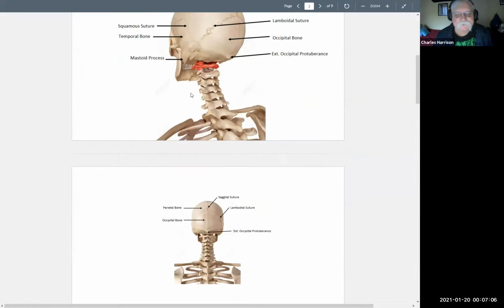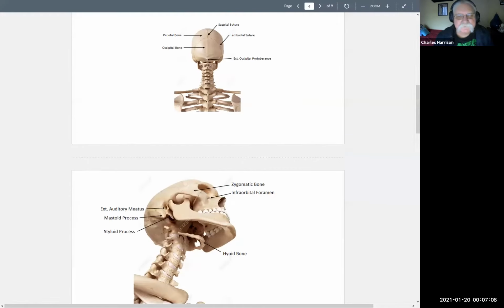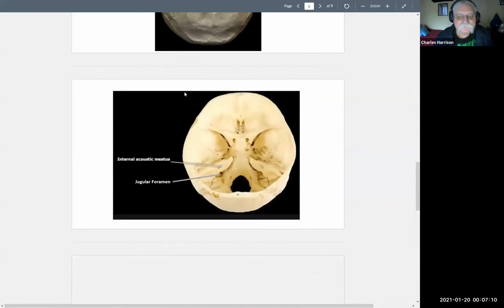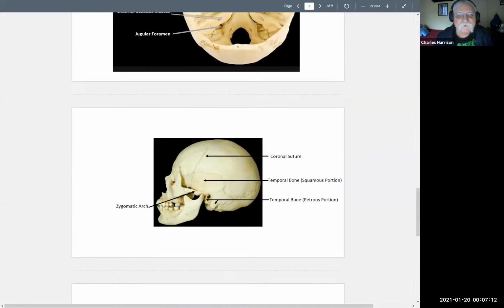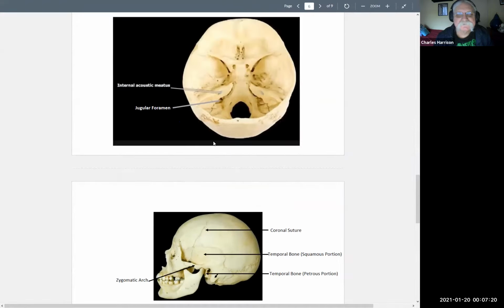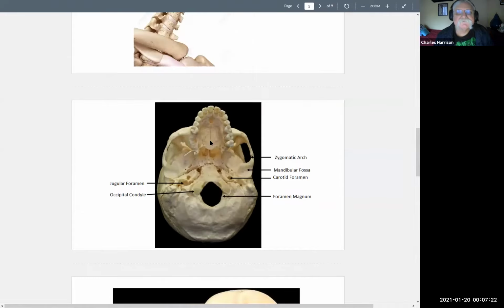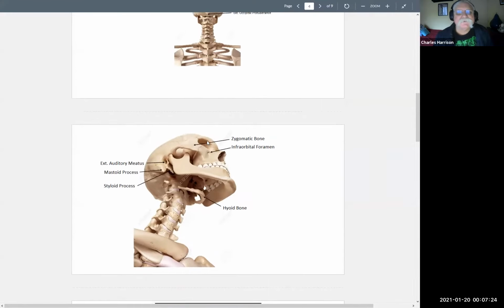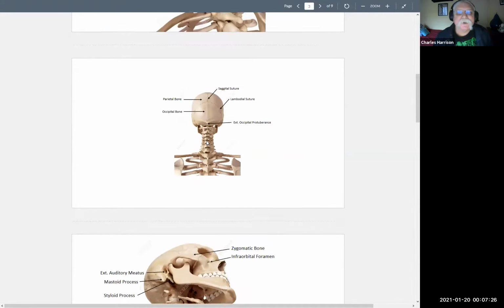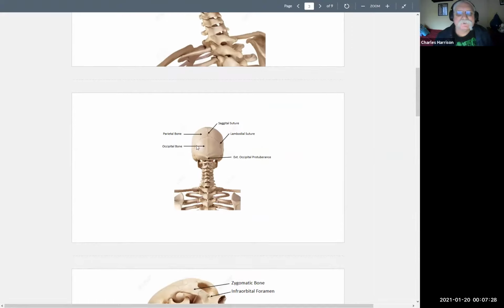Let's find it. Okay, here's the coronal suture. Those four sutures surround the parietal bones. Here's the parietal bone here and here.